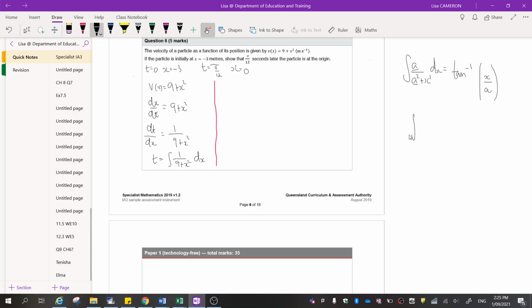So really what we've done is we've multiplied our function by some constant value. It should have been 3 squared plus x squared, with a 3 at the top, but instead we've got a 1. So we had to have multiplied it by something.